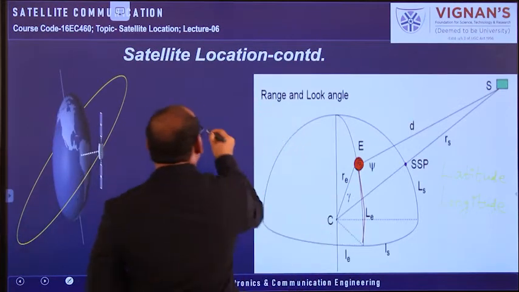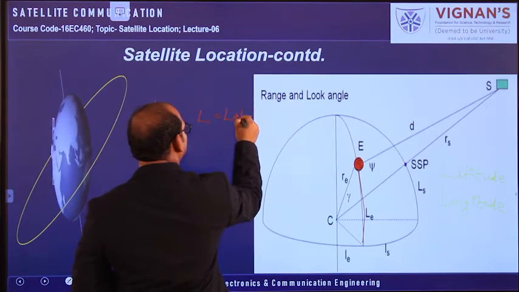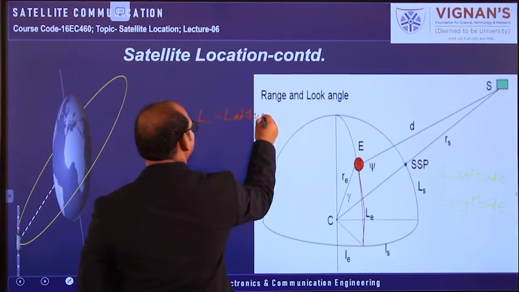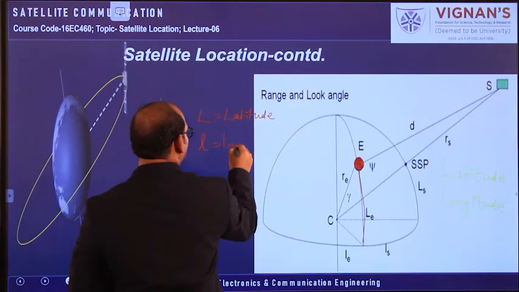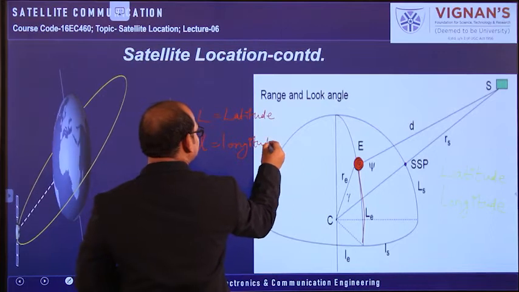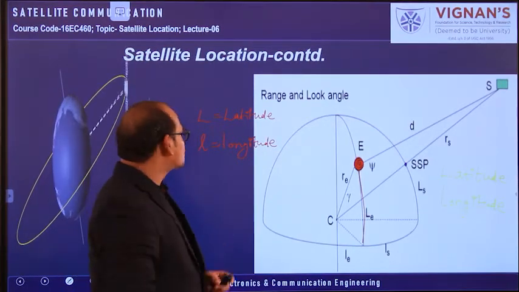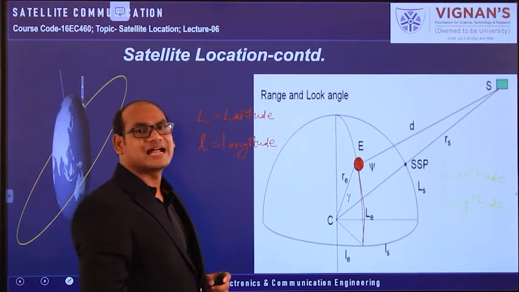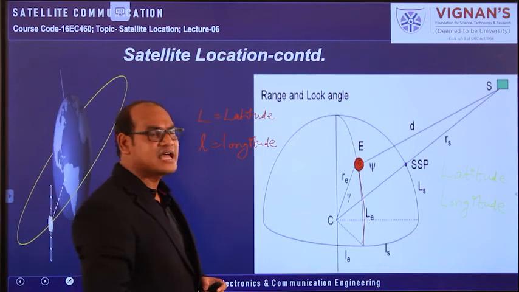Capital L is for the representation of the latitude, and small l is for the representation of the longitude. For the sub-satellite point and for the earth station we have to represent these two. So wherever capital L is there, you can consider that is the latitude. Wherever small l is there, you can consider that is the longitude.